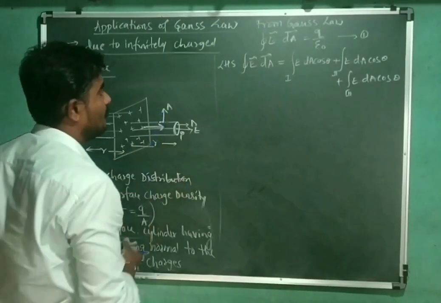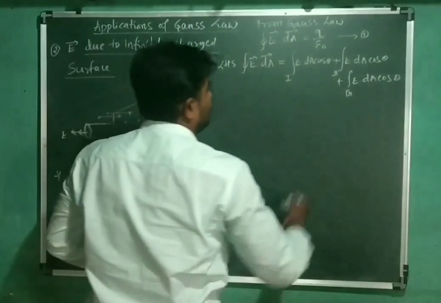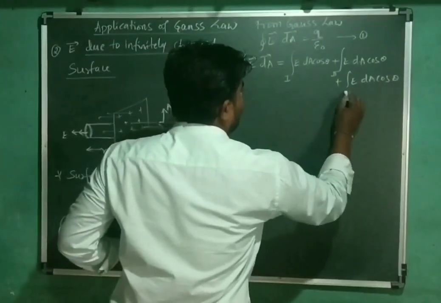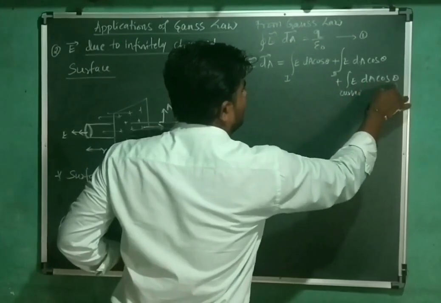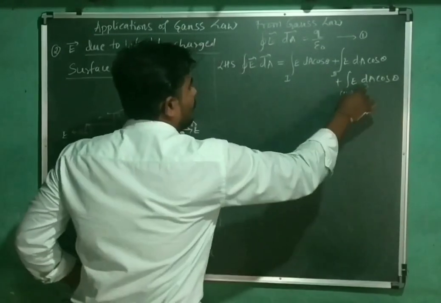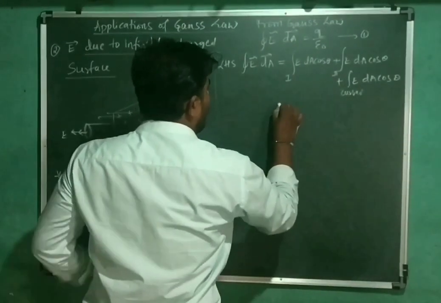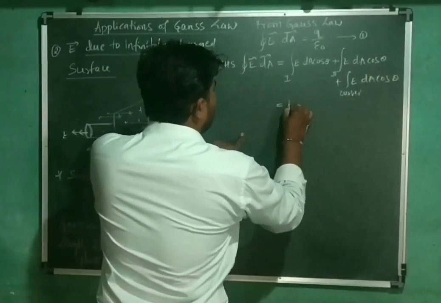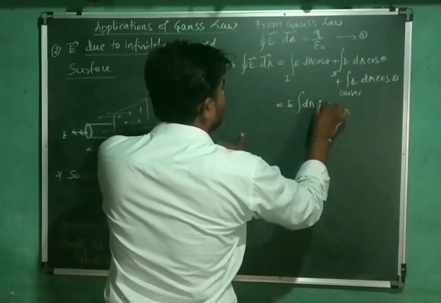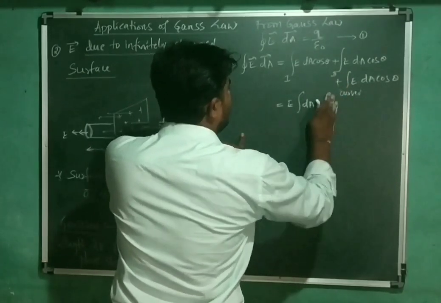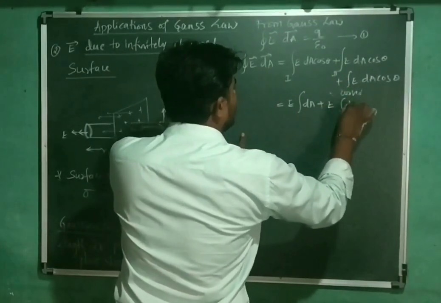They are 90 degree. Therefore cos 90 is 0, 0 into anything is 0, therefore this value cancels. And electric field is a constant taken outside into dA, theta is 0 degree, and once again it is E into dA.